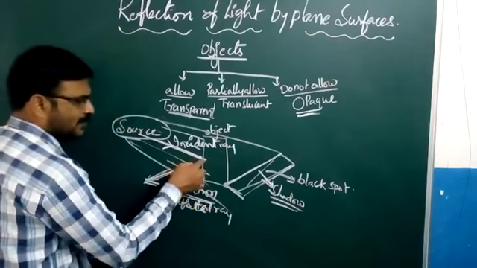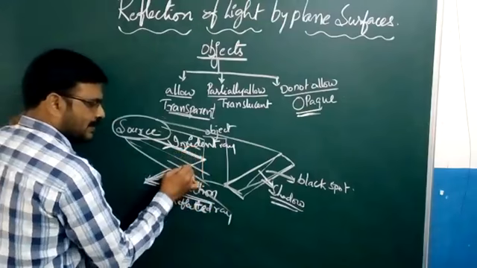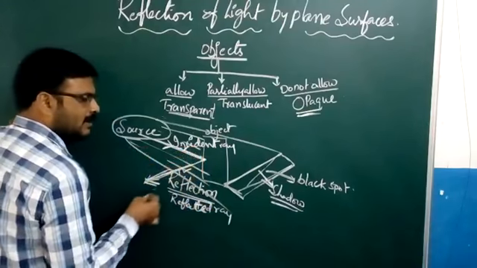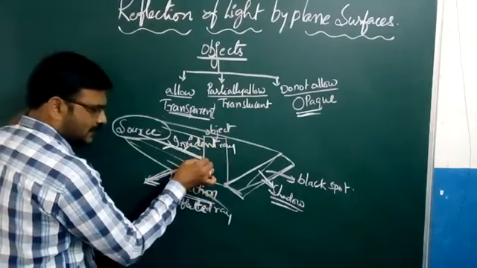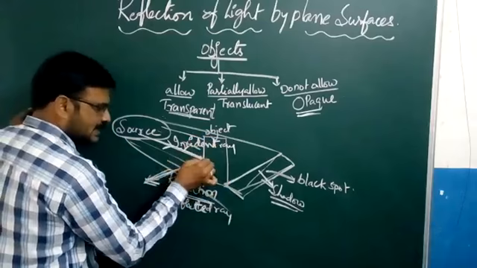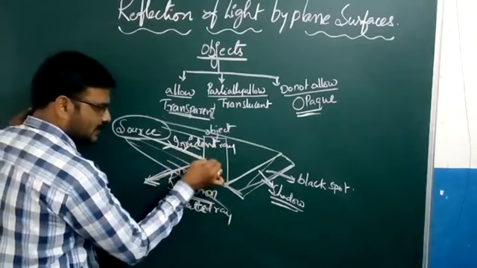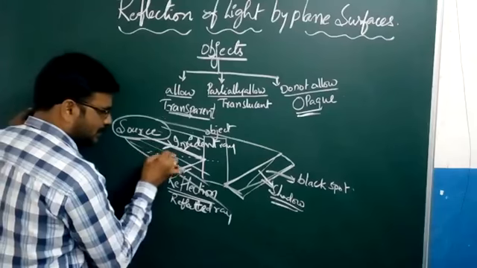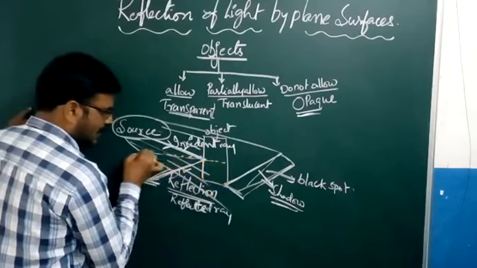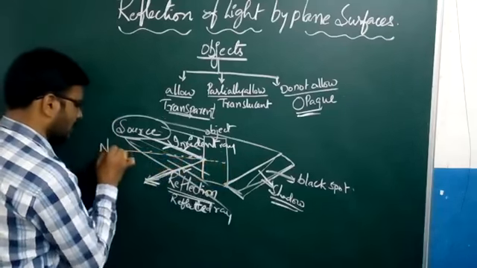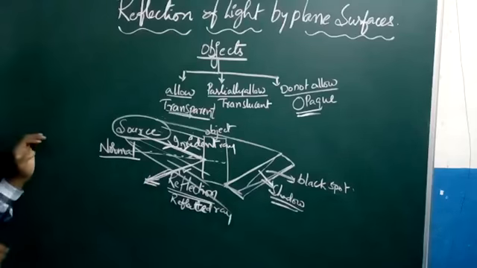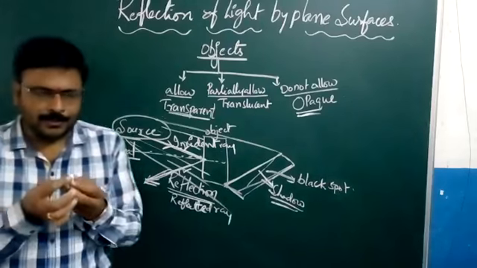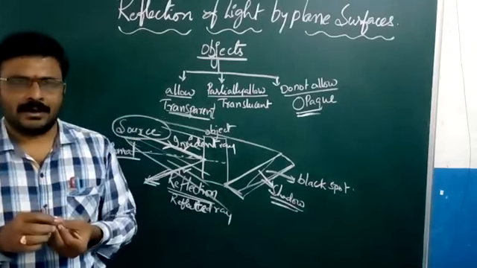So this incident ray and the reflected ray, and if we draw a perpendicular to the surface where the incident ray and reflected ray are falling, we call that perpendicular line the normal. Any line perpendicular to the surface at any point we call the normal.